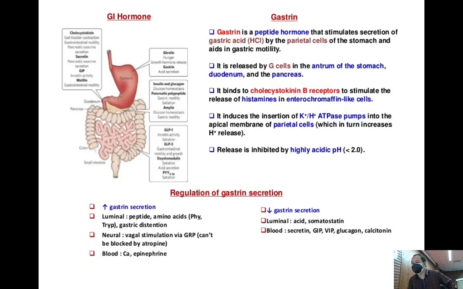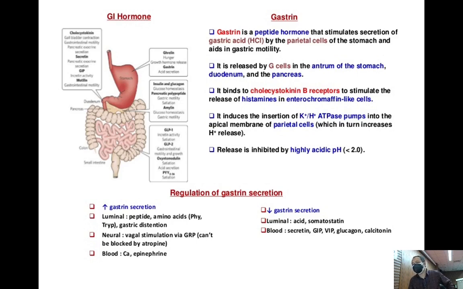But then you will find something paradoxical: if the stomach is highly acidic, it prevents the release of gastrin. If the pH in the stomach is less than 2, this inhibits the release of gastrin.